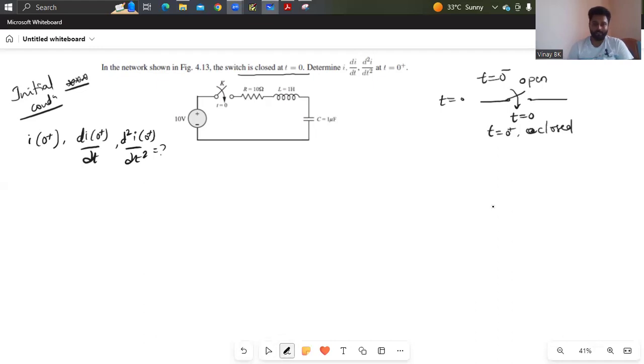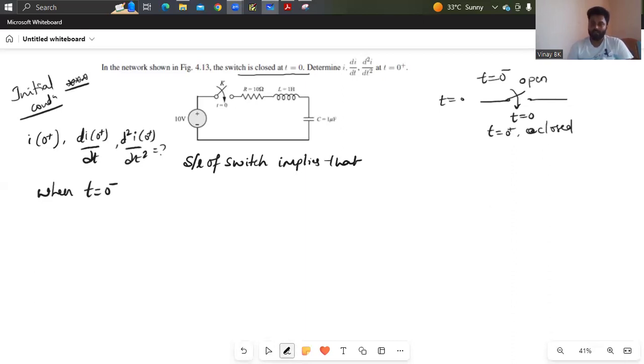Let us consider when t equals 0 minus. The symbol of the switch implies that you need to understand the switch condition.